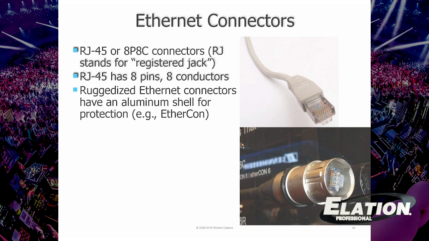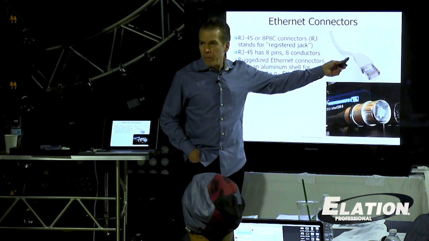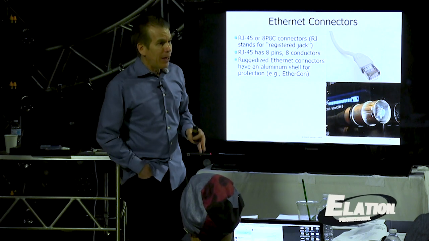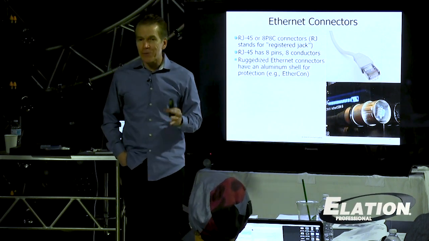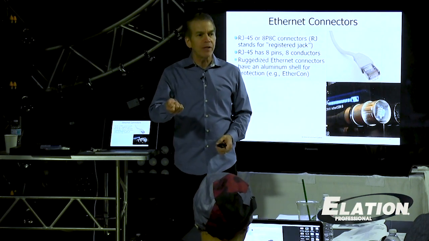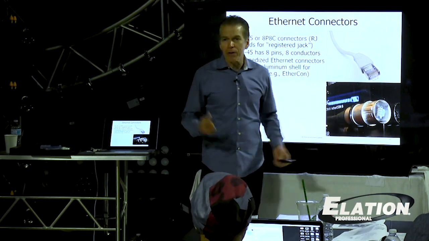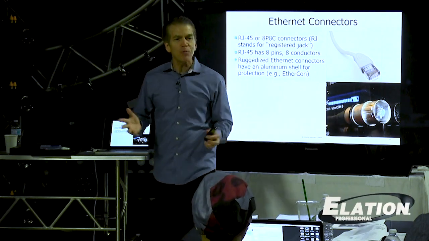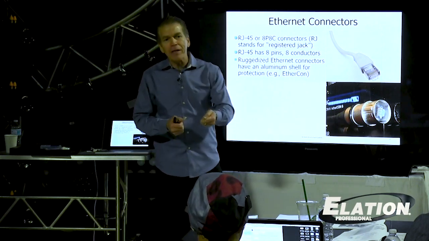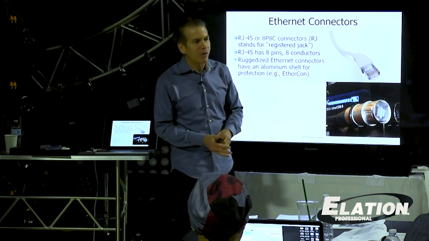But either way, this is fine for permanent installations, home applications, office applications. It's terrible for portable applications. Why? Because this little tab right here is the only thing that holds it in place, and it always gets broken on the very first loadout. I've done lots of shows where after the first loadout, at every stop we have to plug it in, gaff tape it, and it's not very good.